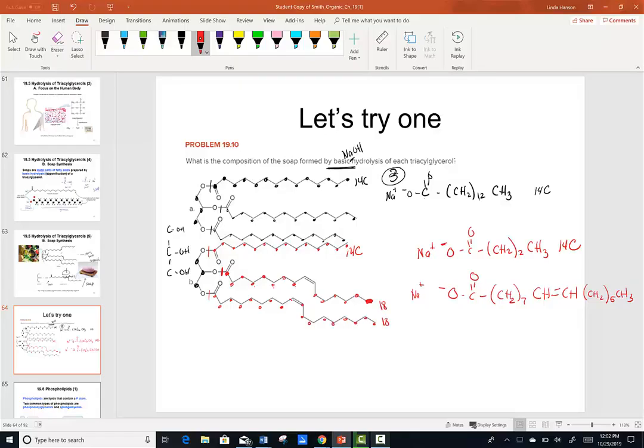These guys are identical, so I'll just show that there are 2 molecules of that particular soap that are formed as well.